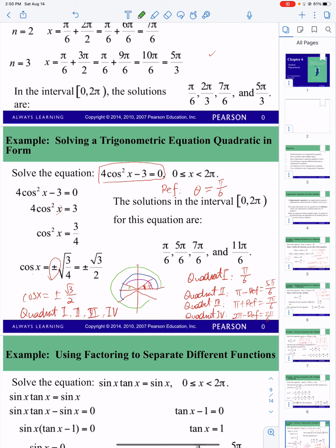You all know that these small angles are pi over 6. So for quadrant 2 you have pi minus reference, quadrant 3 you have pi plus reference, and quadrant 4 you have 2 pi minus reference. This is where these 4 angles come from.